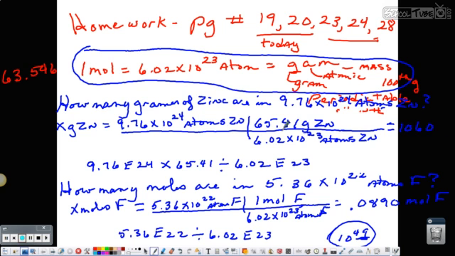How many significant figures do I need? I've got 3, I've got 4, and I've got 3. So 3 significant figures. The unit, what happens to the atoms? They cancel. So the unit is grams of zinc.